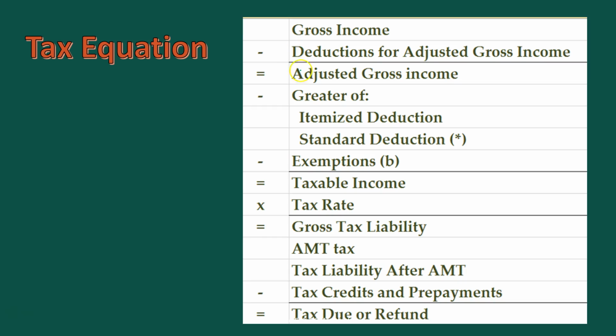And then we're going to subtract the greater of either the itemized deduction or the standard deduction. The itemized deduction is what most people think of when they start thinking of deductions. It includes things like the charitable deduction, medical expenses, and mortgage interest.